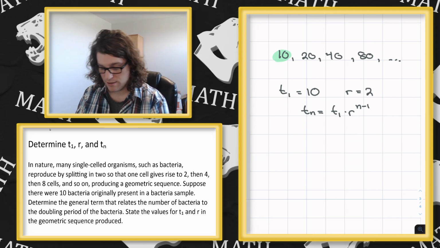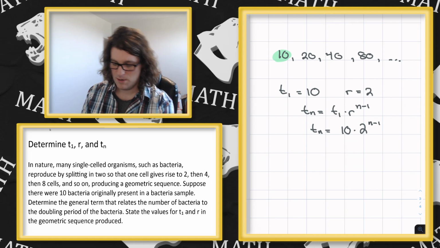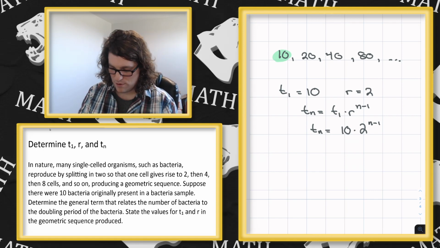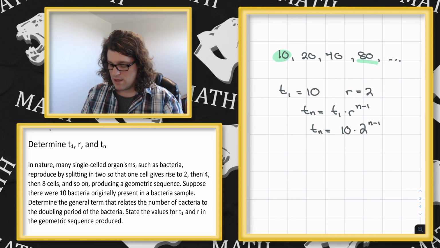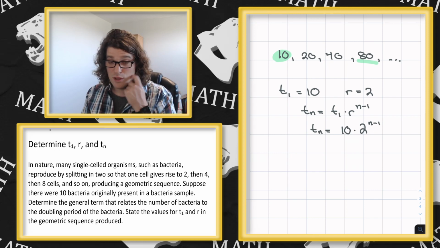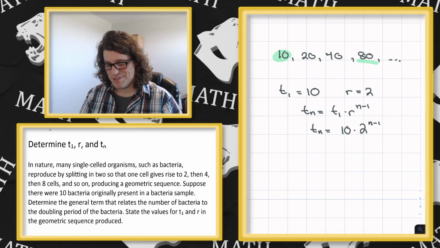So in this particular case, Tn is equal to 10 times 2 to the power of n minus 1. So if I wanted to know, for instance, term 4, which is something I should know, it's 80, that would be 10 times 2 to the power of 4 minus 1, which is 3. So 2 to the power of 3 is 8, multiplied by the 10 that's already there, we get 80. That's good. That's what's up there.